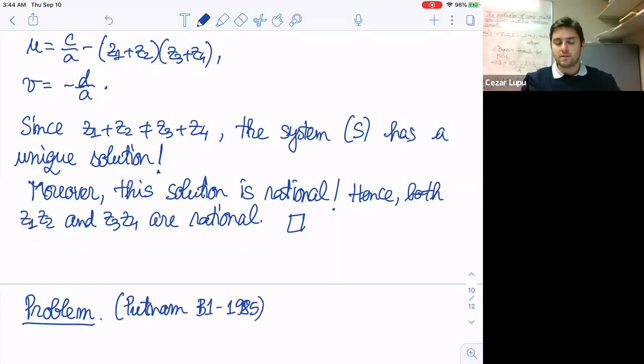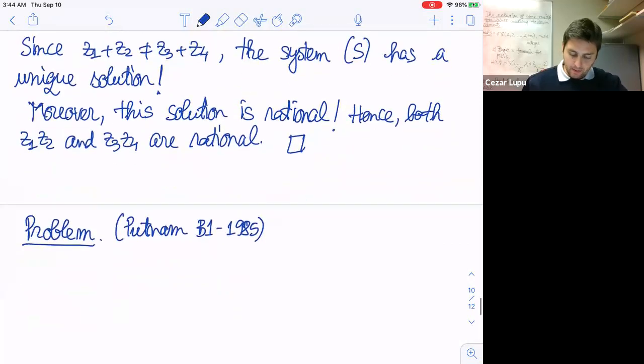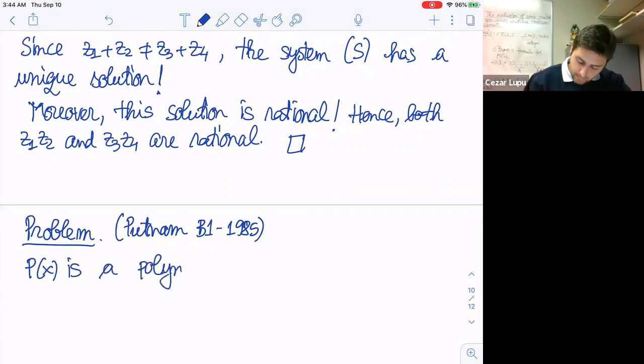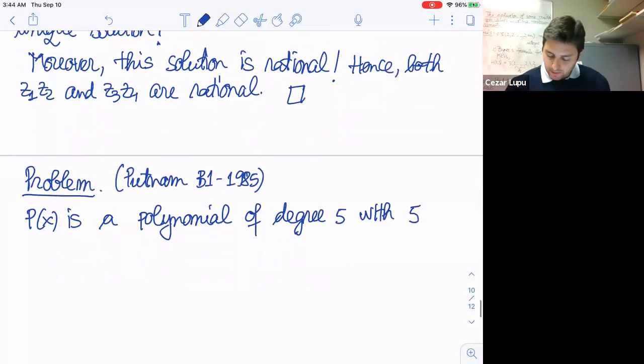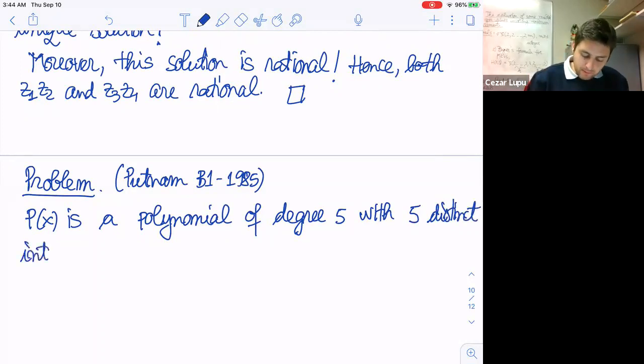The problem states the following. P of x is a polynomial, quite an easy problem, I would say, of degree 5 this time, with 5 distinct integral roots.